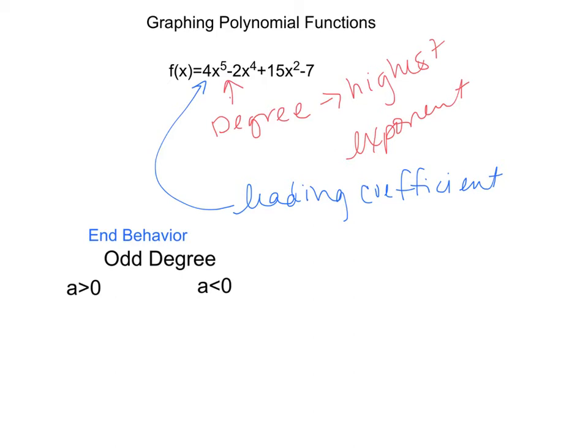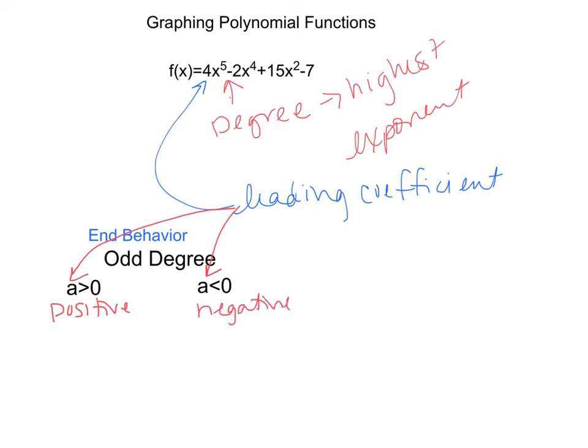So your a is the leading coefficient. And that's what we're looking for there. If a is greater than 0, what does that actually mean? Yep, it's positive. Good. Therefore, if a is less than 0, what does that mean? Yeah, negative, because negative numbers are smaller than 0. Good. So those are my two categories.